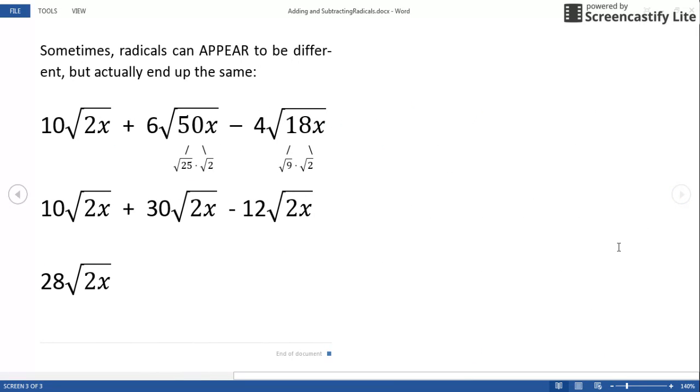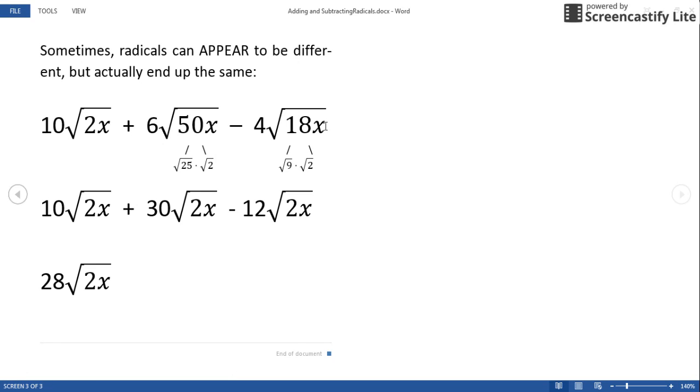Sometimes radicals can appear to be different, but they actually end up being the same after you've done some simplifying. For instance, on this one, the first radicand is 2x, the second 50x, and the third 18x. They are all square roots, but they appear to have different radicands.